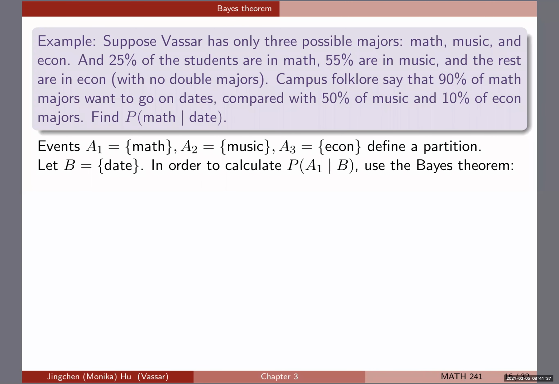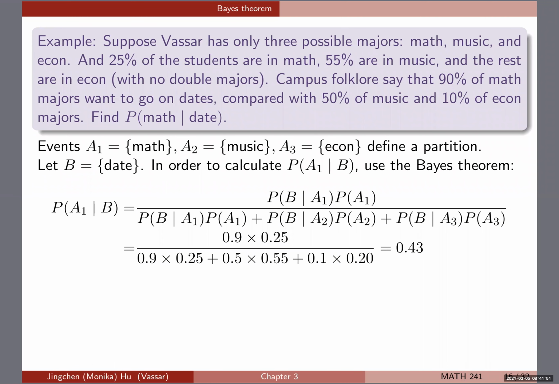So we define A1, A2, A3. They are a partition and we know the marginal probabilities. We define B to be date. So in order to calculate P(A1 given B), we're going to use the Bayes theorem. The Bayes theorem goes this way, as we know. The probability of A1 given B is the joint of A1 and B, which is broken into the product of B given A1 and the marginal of A1.